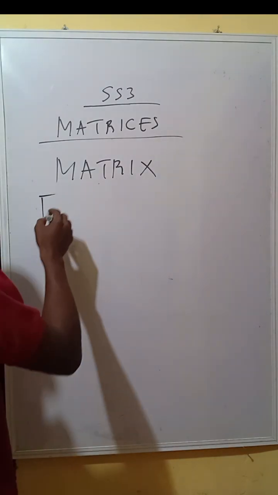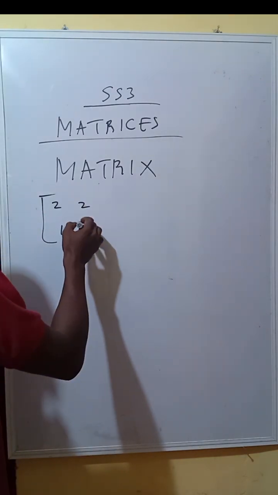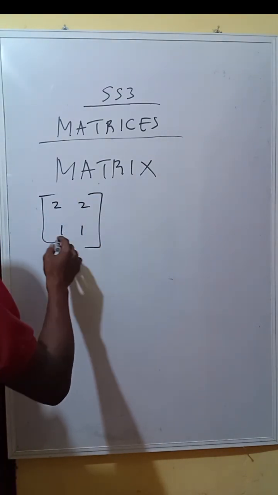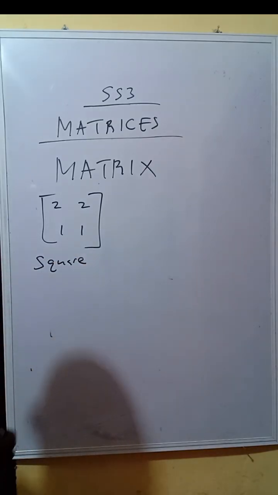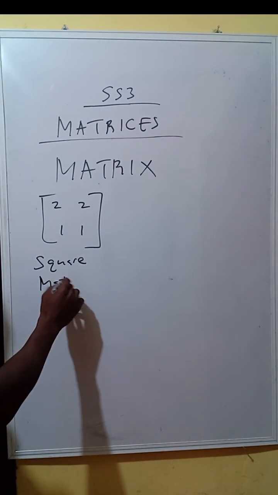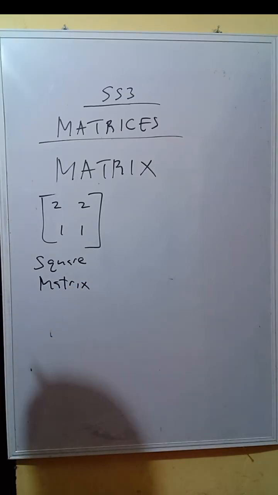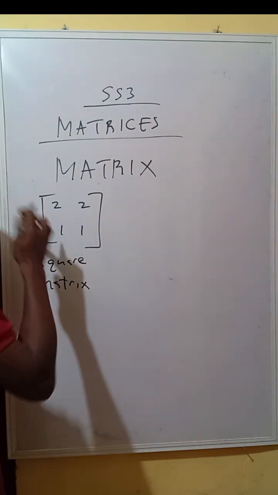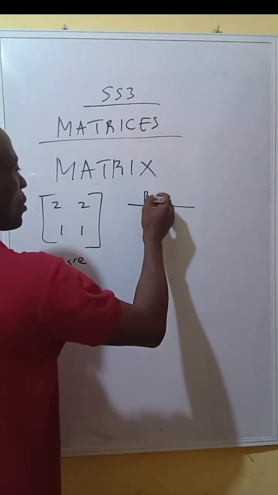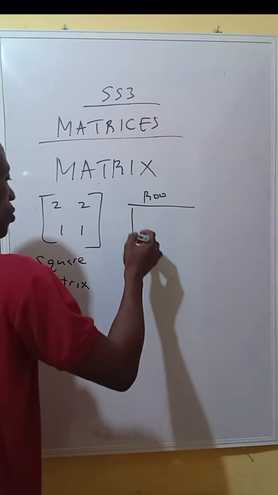Square matrix is when the amount of rows is equal to the amount of columns. This is a square matrix. You have row and column. This is row and this is what? Column.